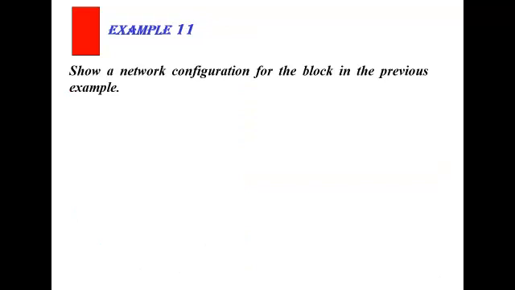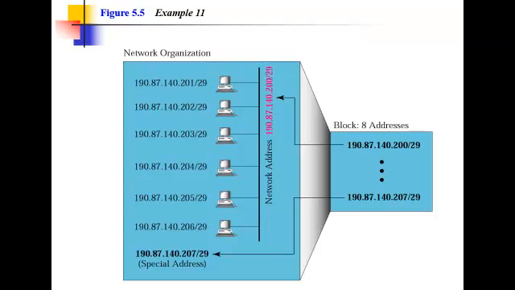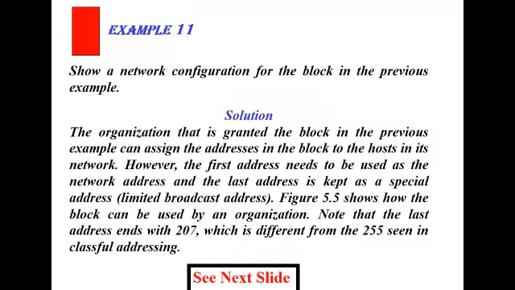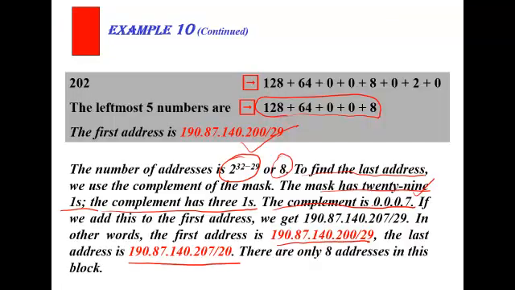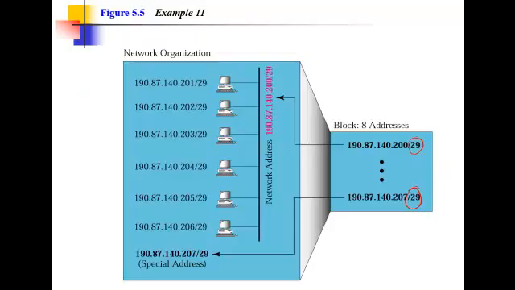Now let us show a network configuration of this previous example, so you can create the diagram. The overall address block range is this, /29. I think the value written in this particular slide was wrong. It will be 29. Treat it as 29. Now see the configuration. The addresses range from 200 to 207. 8 addresses are there. The first address will always be the network address, which is this interface address.